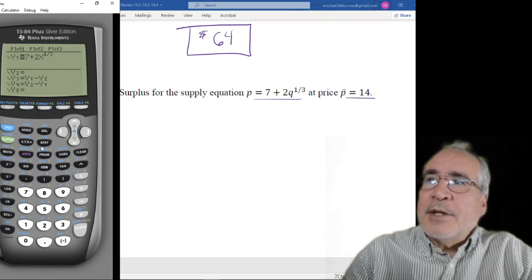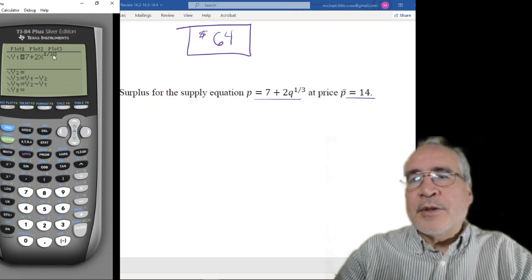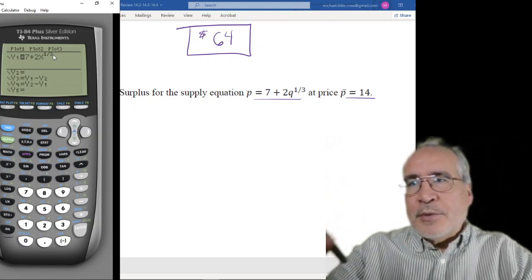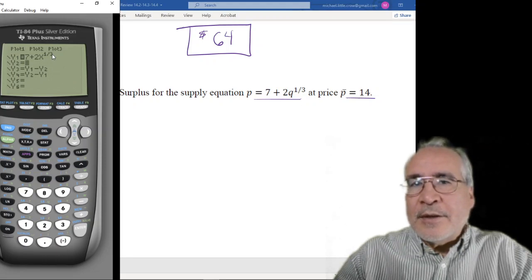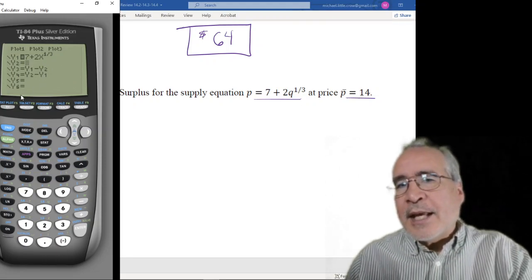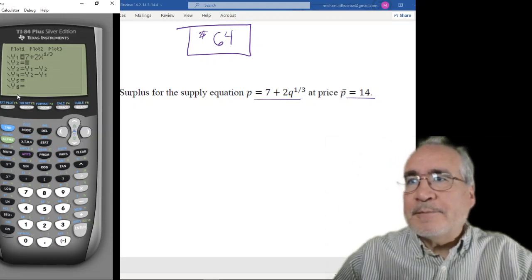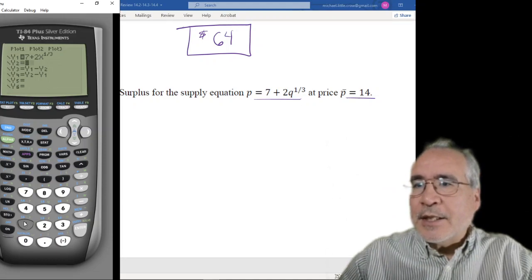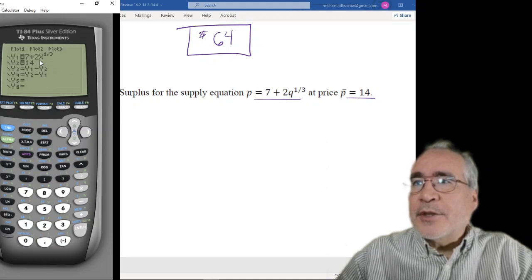Now depending upon your calculator, when you enter this, some of you may need to put parentheses around this 1/3 so it's all up in the exponent. If your exponent key doesn't put it up into the exponent like mine does, make sure you have parentheses around that. Otherwise, it's taking x to the first power and then dividing the answer by 3. It's not putting that divide by 3 up in the exponent. Just a technicality, but a big technicality. This one I like, just y equals 14.